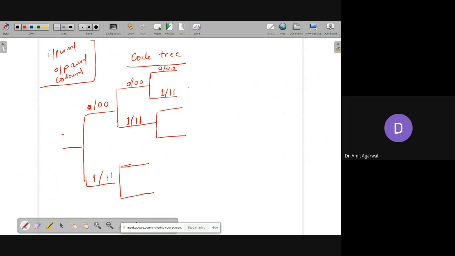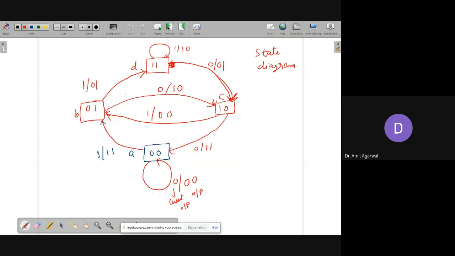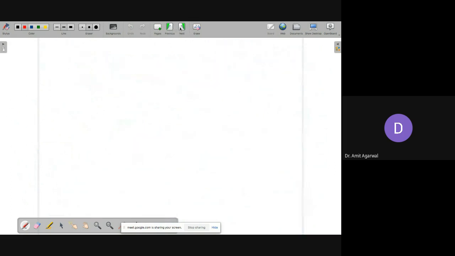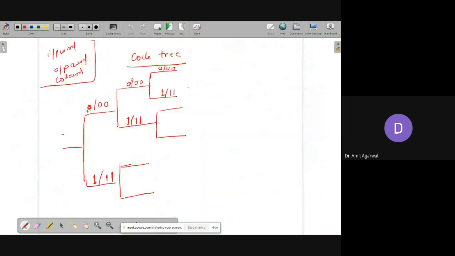Now, this is your input 1, and the next input is, for example, you can understand it like this. If the initial states are 0 0 0, right? The 0 comes, now the initial states are, this is your dk, dk minus 1, dk minus 2. You say 0 comes, it means now your 0 will become dk and this will shift.